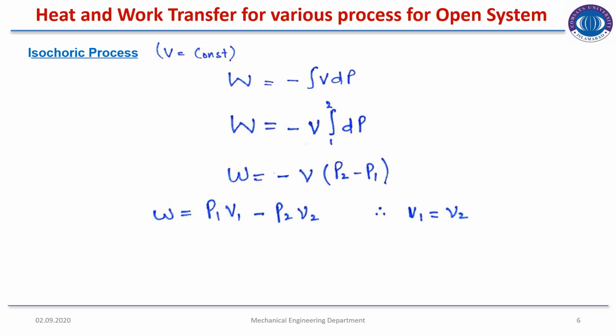As V is constant, we multiply V with both: V P2 minus V P1. So we write V1 with the first term and V2 with the second term. So W is equal to P1 V1 minus P2 V2.